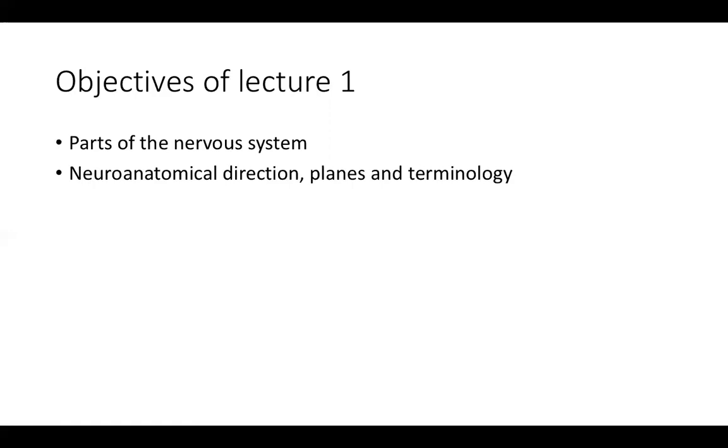Secondly, we'll go ahead and discuss some terminology that's used in understanding and learning and looking at the nervous system. And so we'll talk about neuroanatomical directions, planes, and general terminology there.